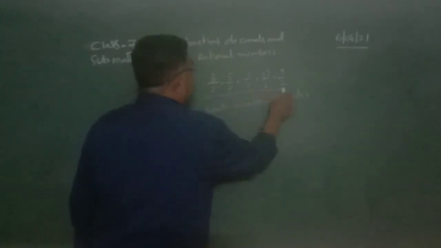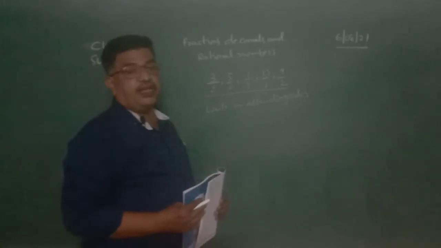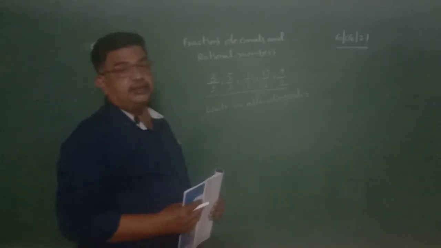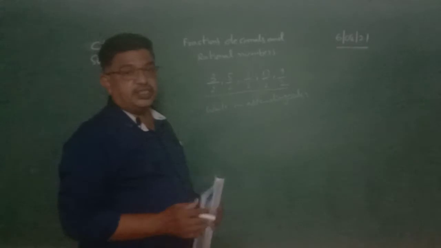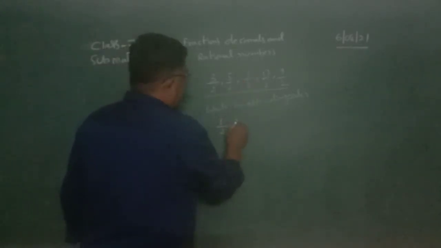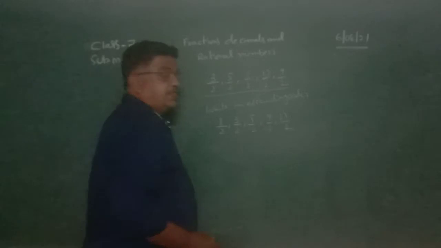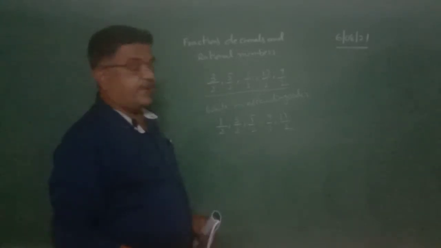Here all the denominators are same, so these are like fractions. So, when you have like fractions, you can compare the numerators. The numerator with smaller value is the starting value. Here 1 is the smaller numerator. So, 1 by 2, 3 by 2, 5 by 2, 9 by 2, 17 by 2. This is the ascending order of the given fractions.